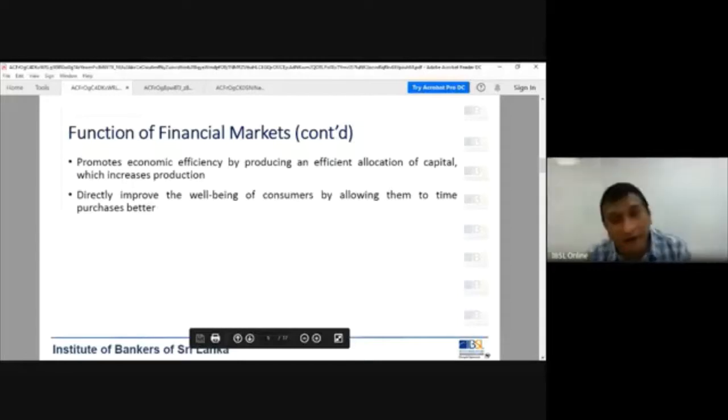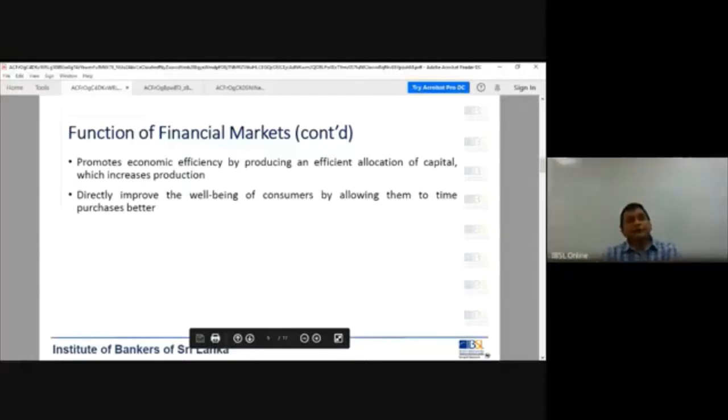If all 100 are good, they will do so. That ultimately increases the production capacity of the economy. So this is another function of a financial market, efficient allocation of resources and efficient usage of capital.